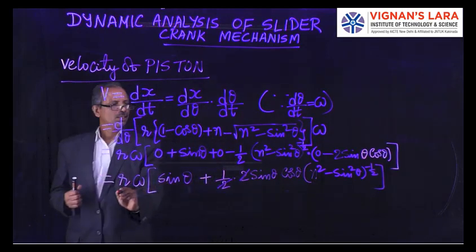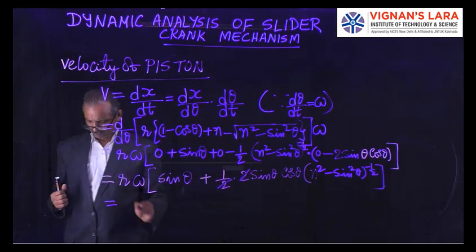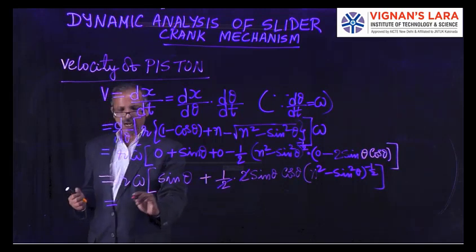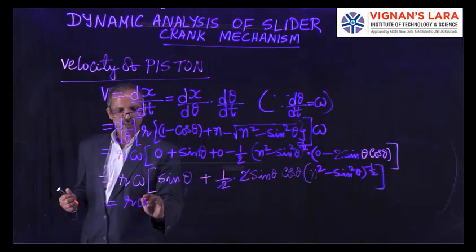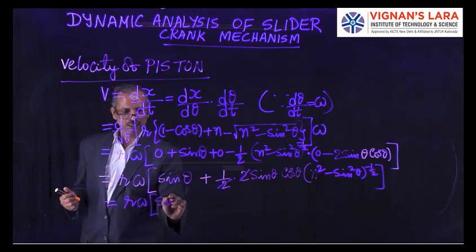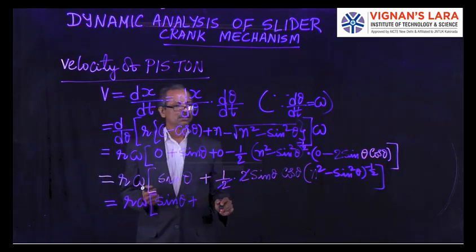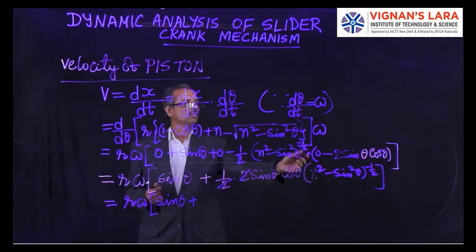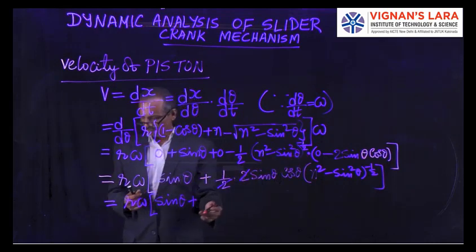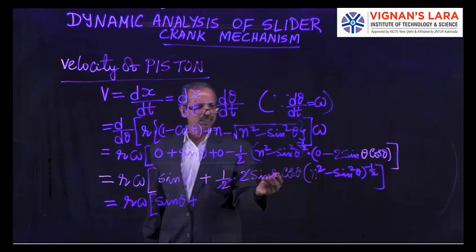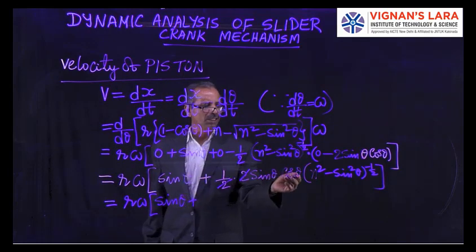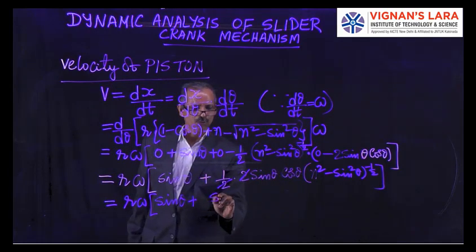Okay, then I can write r omega sin theta plus, if I keep this term as it is, this becomes sin 2 theta or sin 2 theta by 2.